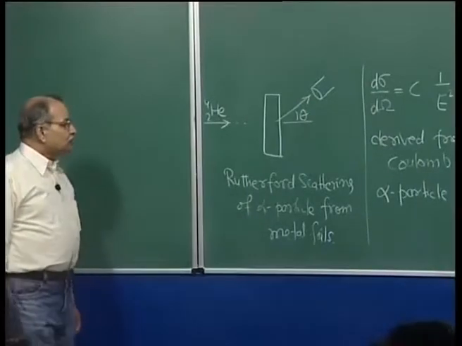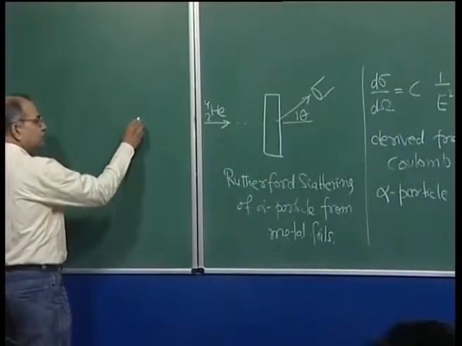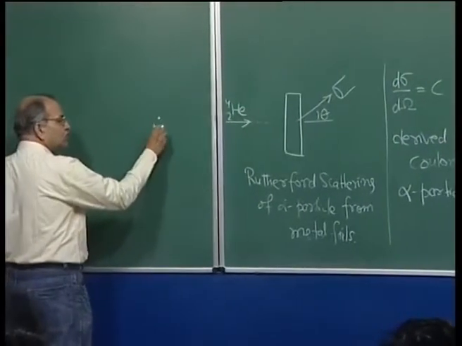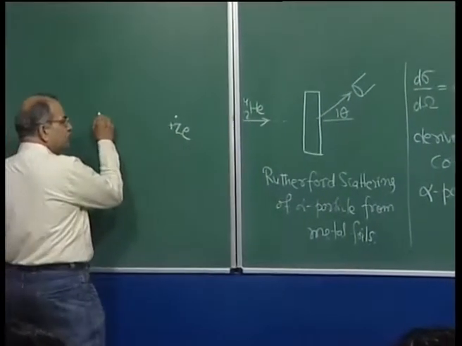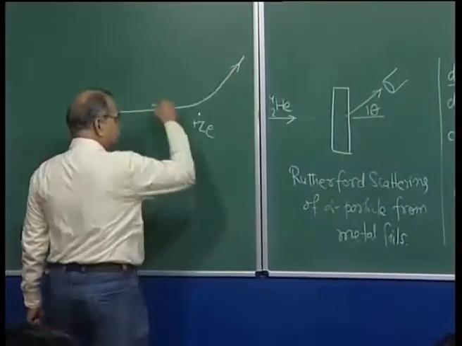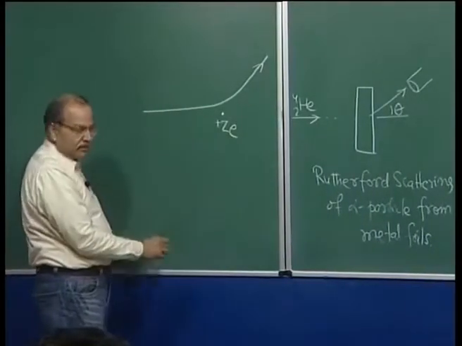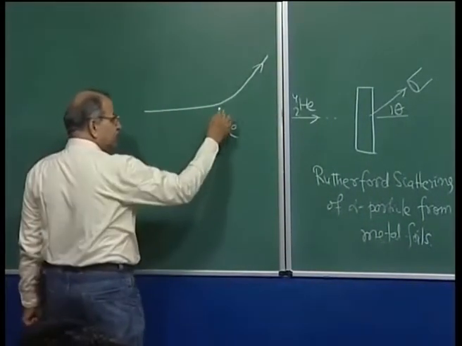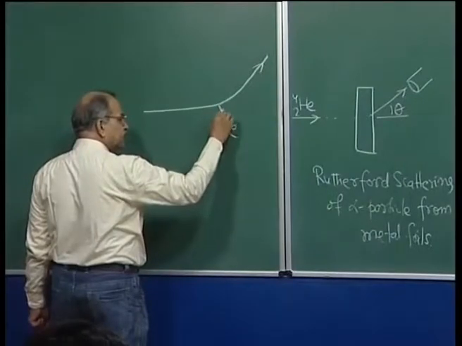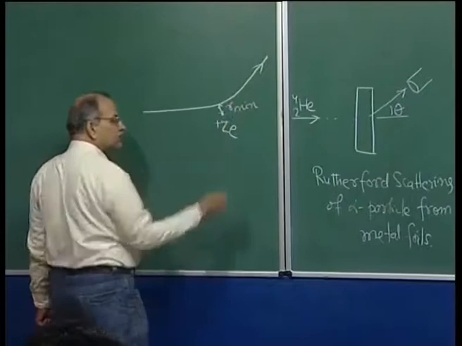So, if you think of a particular event where you have a nucleus here of charge plus Ze, a particle is coming here and then it is getting deviated. This is that hyperbolic path, you know all that geometry can be done. I am interested in finding this minimum separation here, minimum separation.